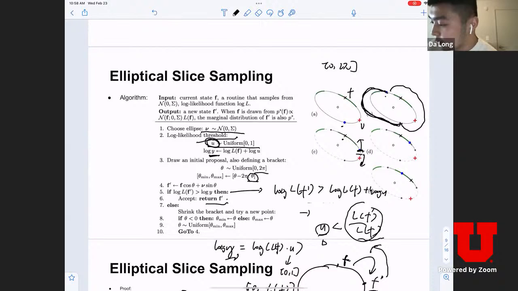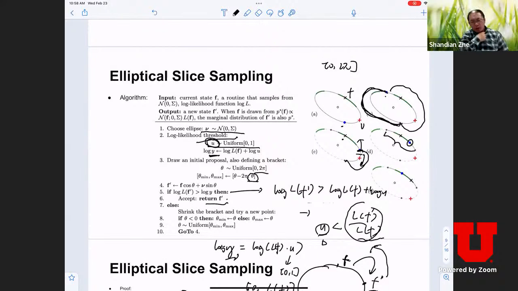You just discard from this to this part. Now this part becomes the search region, and you finally get this valid sample. How do you decide? It is determined by the sign of theta. If theta is less than 0, then you set theta min equal to theta.